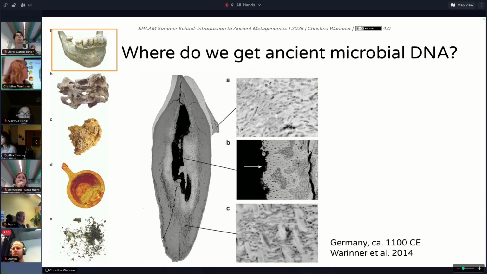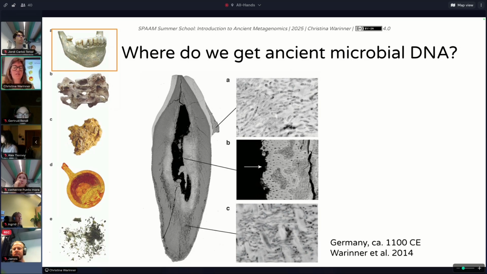And so we can recover DNA from here, and we can reconstruct aspects of the oral microbiome of this woman, plus other things that she may have been exposed to in life. Calculus entraps all sorts of things, including smoke debris. It can incorporate bits of textile fibers, paint pigments, and food particles. So calculus is very valuable.